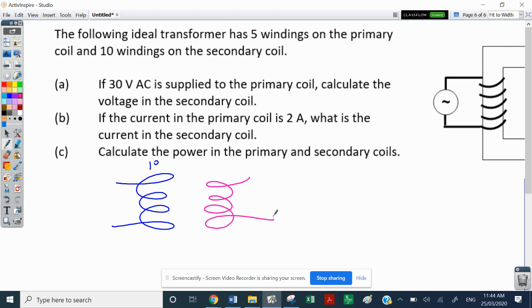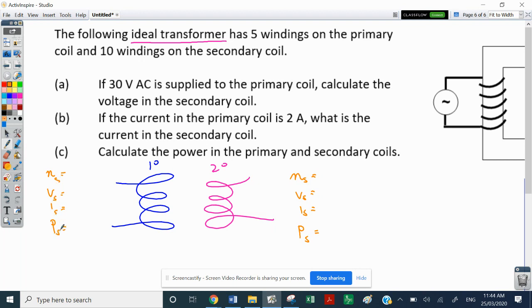It says that it's an ideal transformer, so we are not losing any energy from the primary to the secondary. And we're using our VIP here, because I can't fit it underneath. VIP here, secondary, all those.